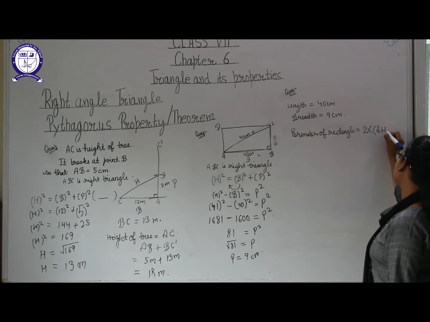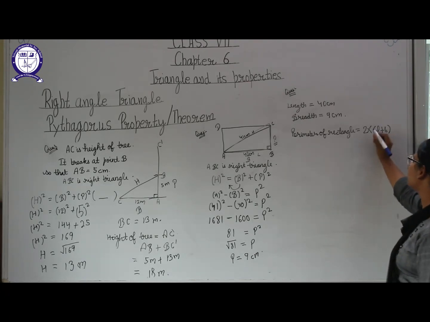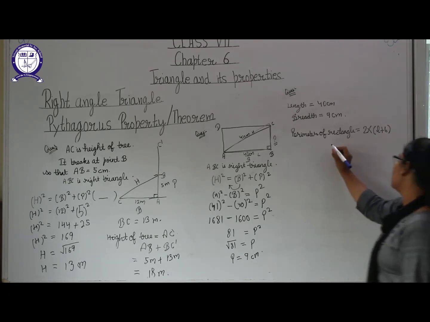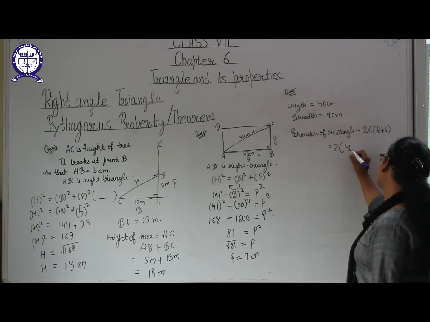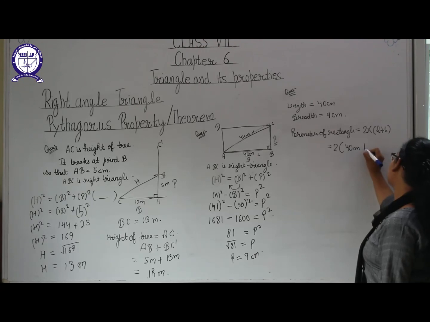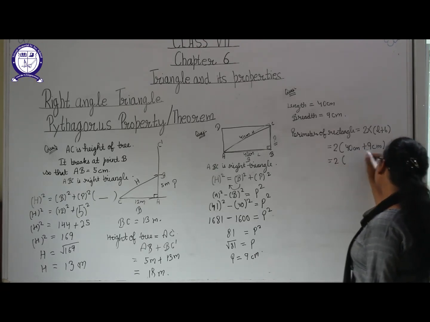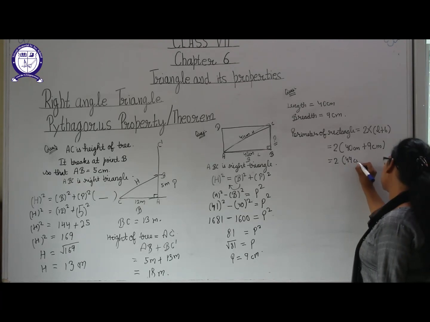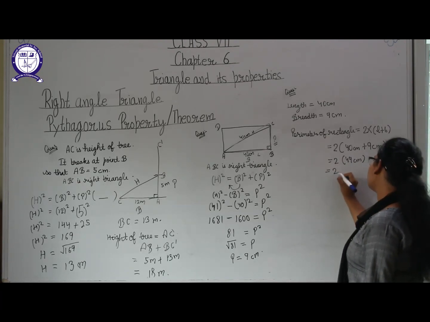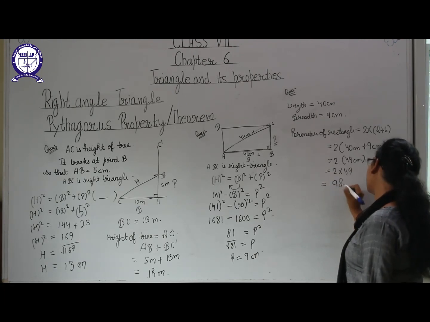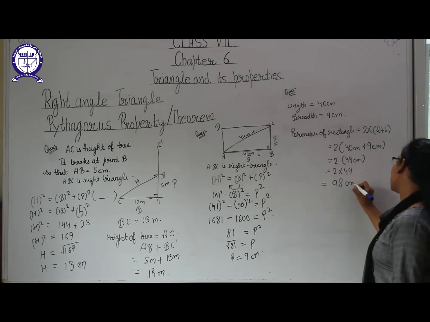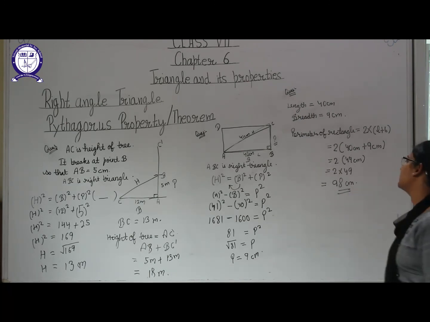We know this formula that perimeter of rectangle is 2 multiply length plus breadth. So we will put the value of length and breadth here. Length is 40 centimeter and breadth is 9 centimeter. So here we get 40 plus 9 is 49 centimeter. And after that we have to multiply 2 with 49. What do we get? We get 98. So perimeter of rectangle is 98 centimeter.